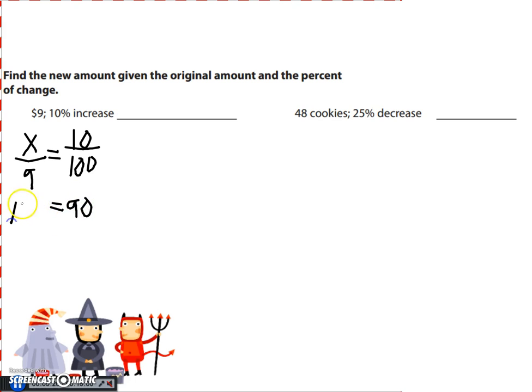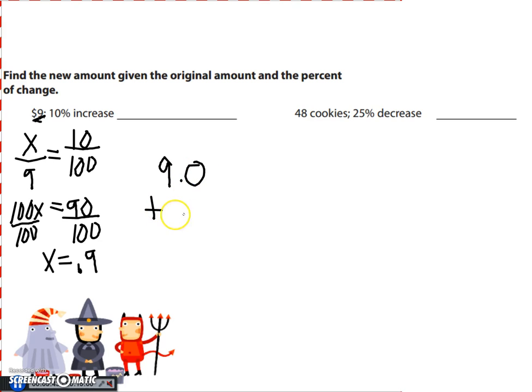And we are going to divide both sides by 100. And when you divide 90 divided by 100, you're going to get 0.9. Now this is the percent increase. So you're going to take the original amount, 9 plus 0.9. The new amount comes out to 9.9.